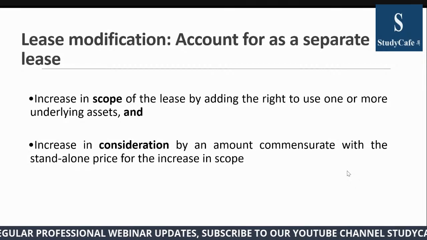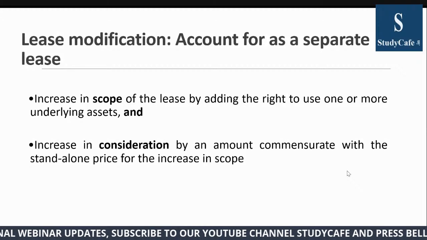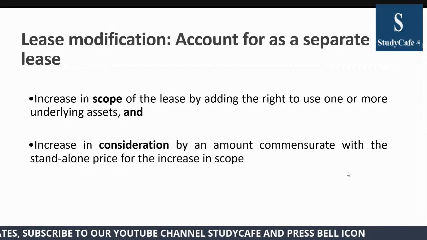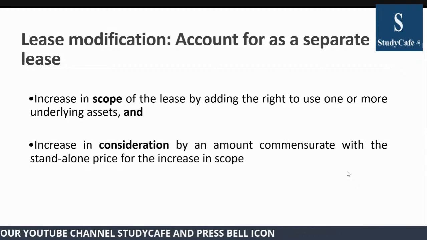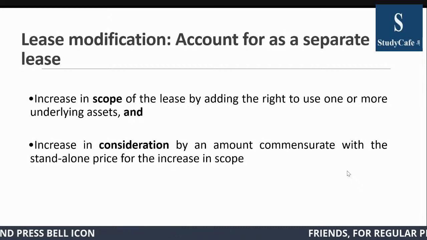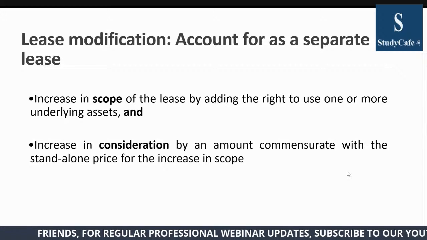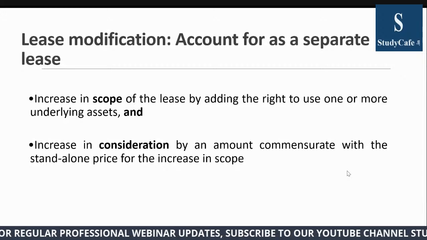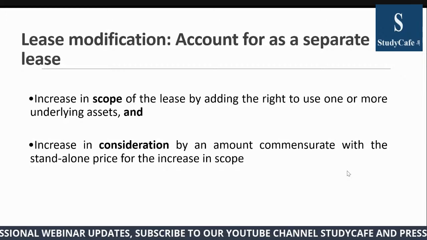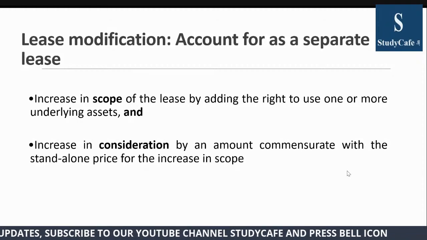In that case, the change in the contract due to the addition of that fifth machinery will be accounted for as a separate lease. That means a new lease will be recognized for that particular fifth machine, because there has been an increase in scope and the consideration has been increased, which is equivalent to the standalone price of that increase.